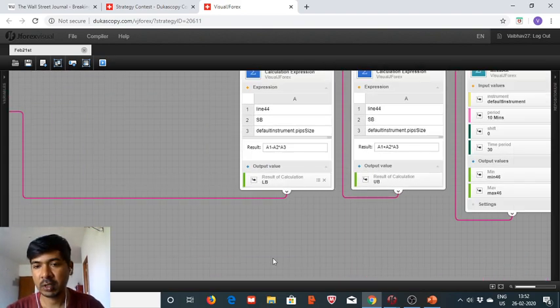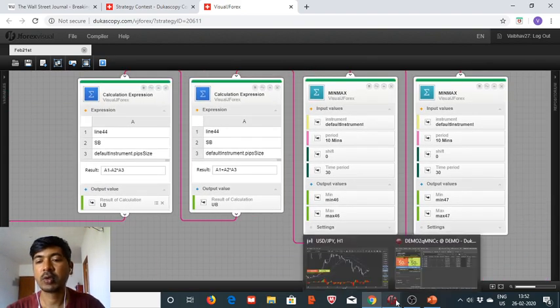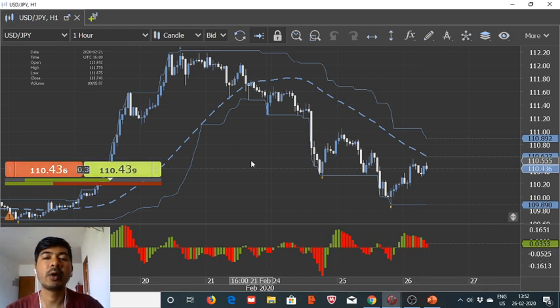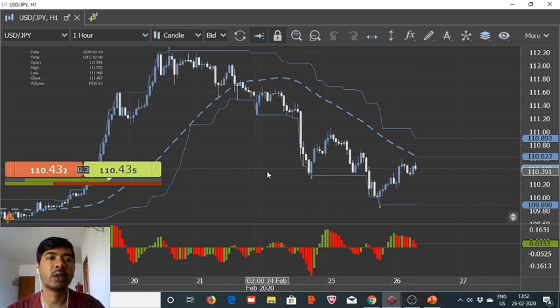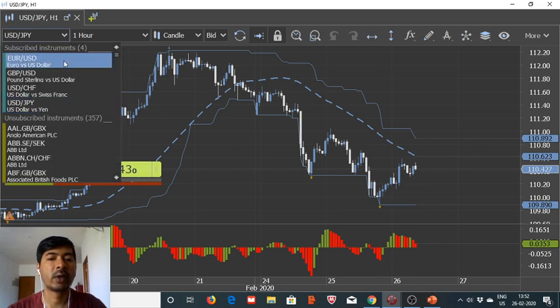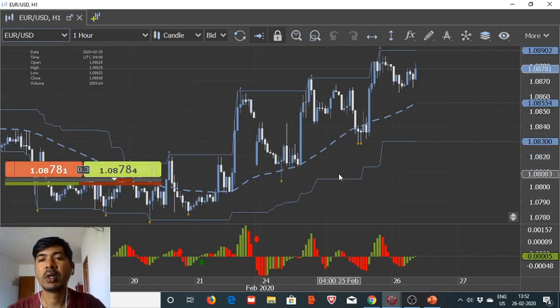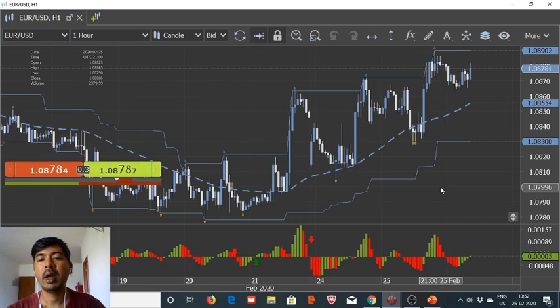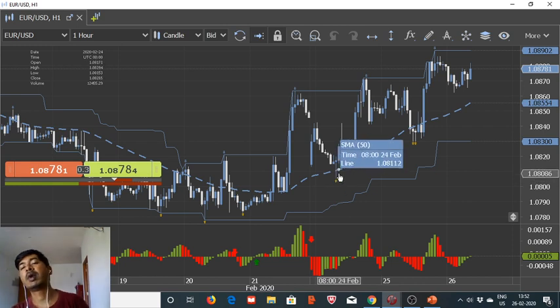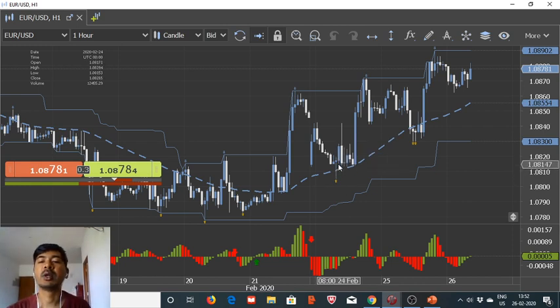Now let me explain on the chart what we have done so far and what we are now going to do next. So let me change it to Euro USD as we are working with the Euro USD. So this is the Euro USD chart, and the underlying assumption of our algorithm is that when the price action tends to converge toward this 50 SMA, only then is the algorithm supposed to take a trade.